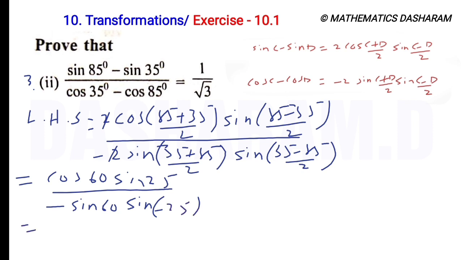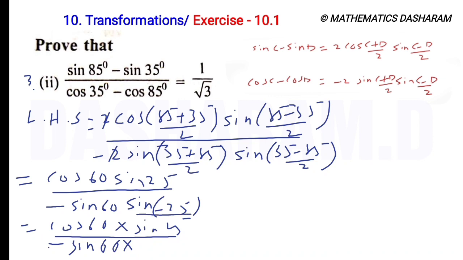So it is equal to cos 60 into sine 25 divided by minus sine 60 into, here sine minus theta will become minus sine theta, so minus sine 25 degrees.